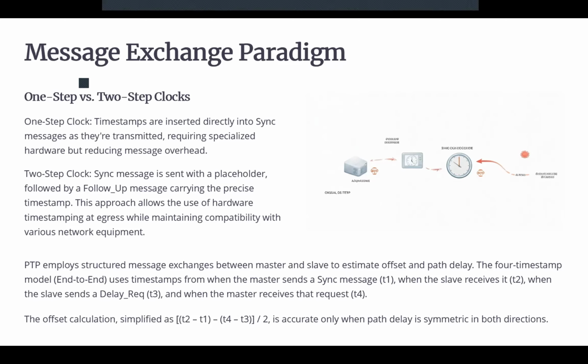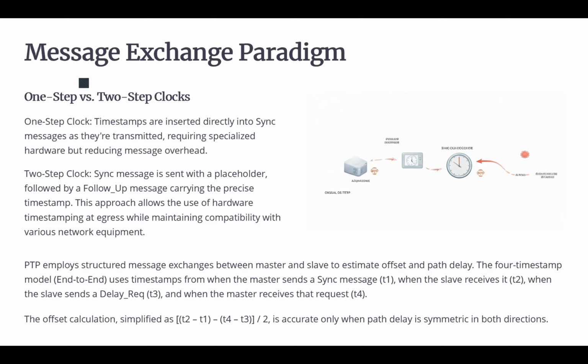Basically, the clock measures when the master sends a synchronization message, when the slave receives it, when the slave sends a delay request to the master, and when the master receives that request.